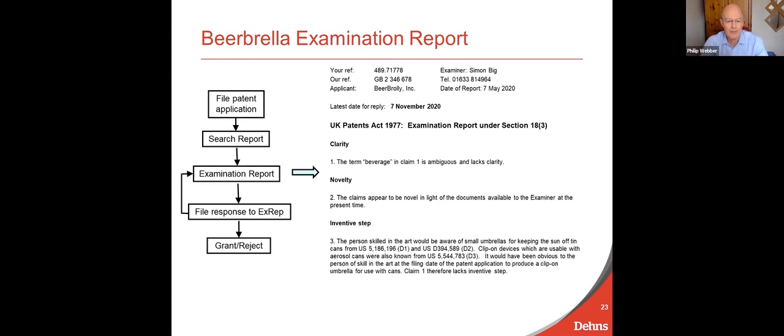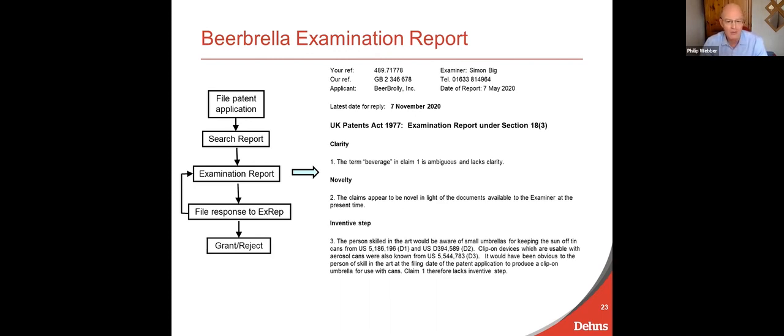And when you get these examination reports, I don't know as a patent attorney whether the examiner is going to come back and say, yeah, this is the best invention I've seen this year, I'm going to send this to grant straight away, or you're going to get a really long examination report. I had a case last year from an American examiner where the examination report was 50 pages long.